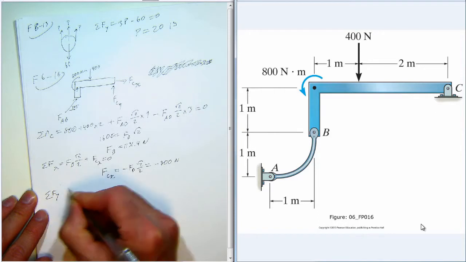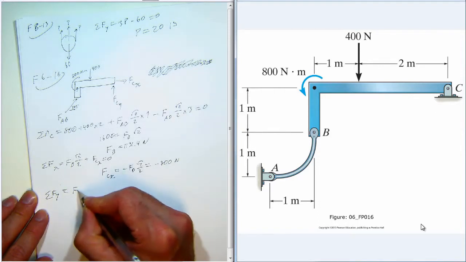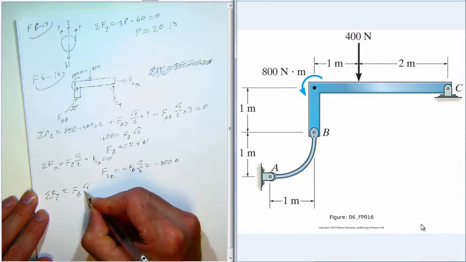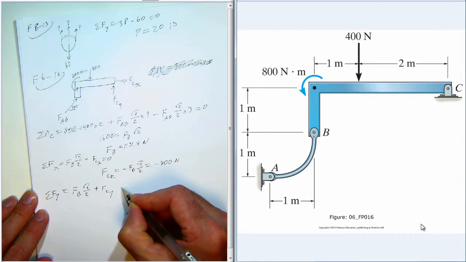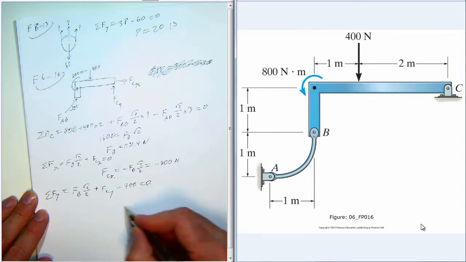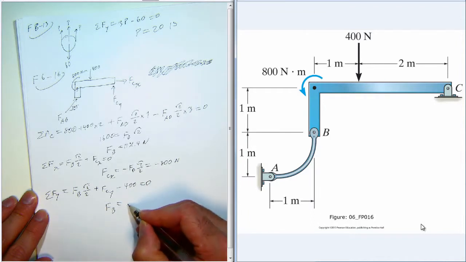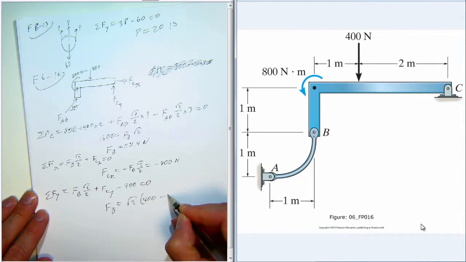So FCX acts in the opposite sense that we have shown in the free body diagram. Force balance in the y direction. We have the y component of FB, so that's FB sine 45. We have FCY, and then we have the 400 Newton applied load, and that all adds up to 0.